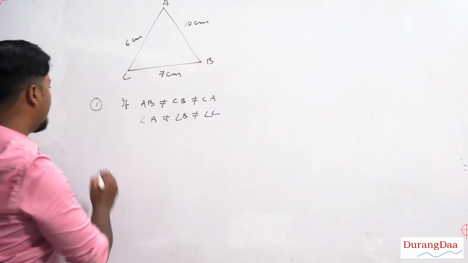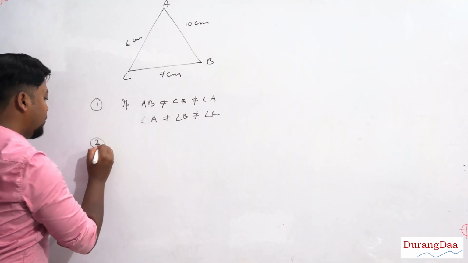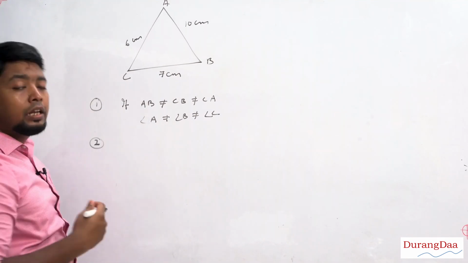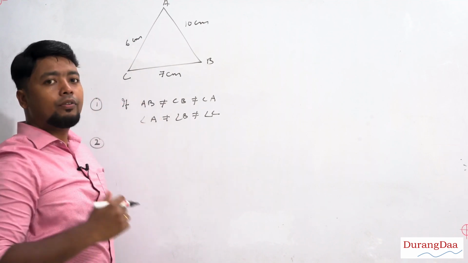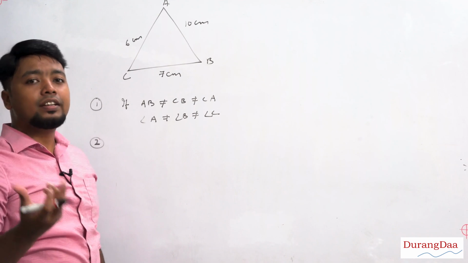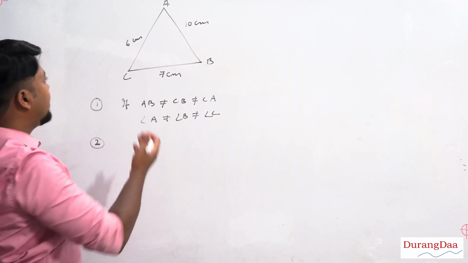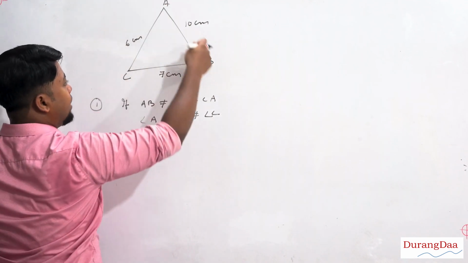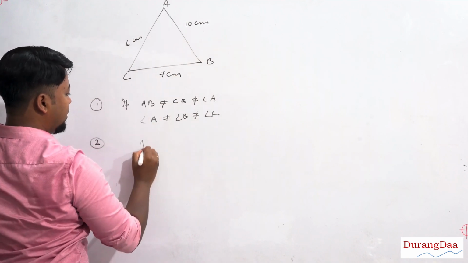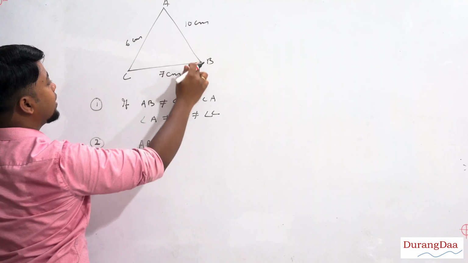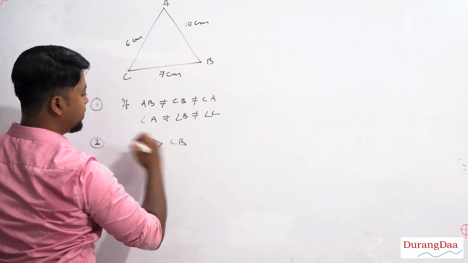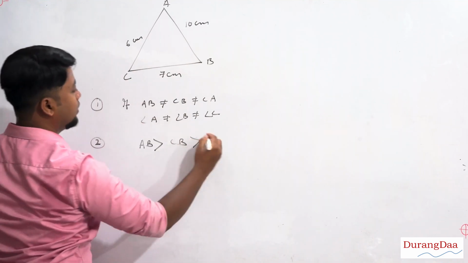Second point: if you can point out which one is the greatest side, the longest side, then you can also point out which one is the greatest angle. Clearly here AB is the greatest side. I can write AB is greater than CB, which is greater than CA.